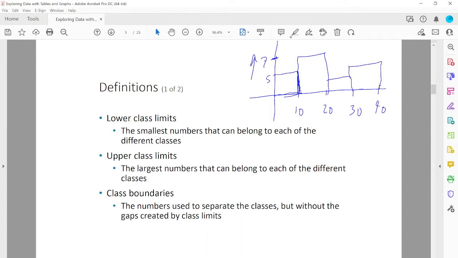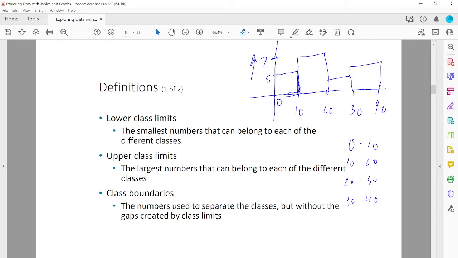So I'm going to use this example to explain these definitions. Lower class limits: as you can see, they are the smallest numbers that can belong to each of the different classes. Here the classes are 0 to 10, 10 to 20, 20 to 30, 30 to 40.